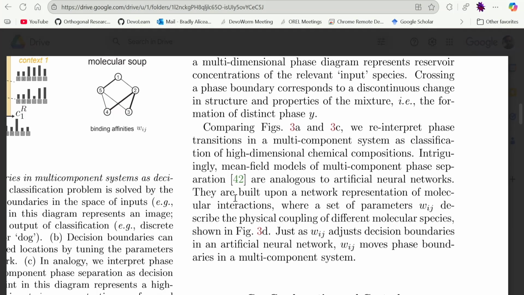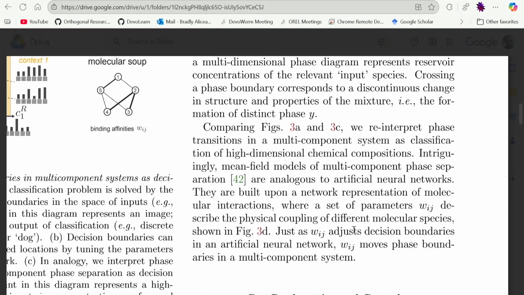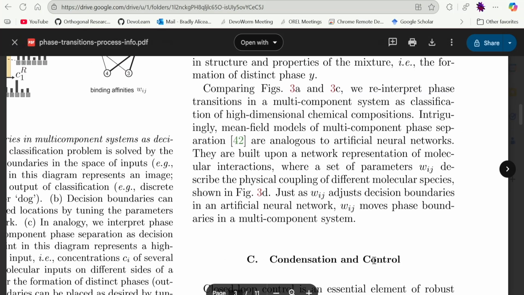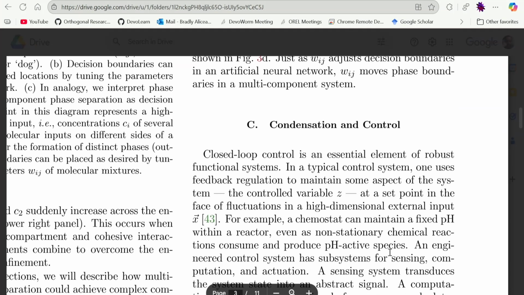They are built upon a network representation of molecular interactions where a set of parameters, Wij, describe the physical coupling of different molecular species, shown in figure 3D. This is here. Just as Wij adjusts decision boundaries in an artificial neural network, Wij moves phase boundaries in a multi-component system. And so then they talk about closed loop control and condensation.